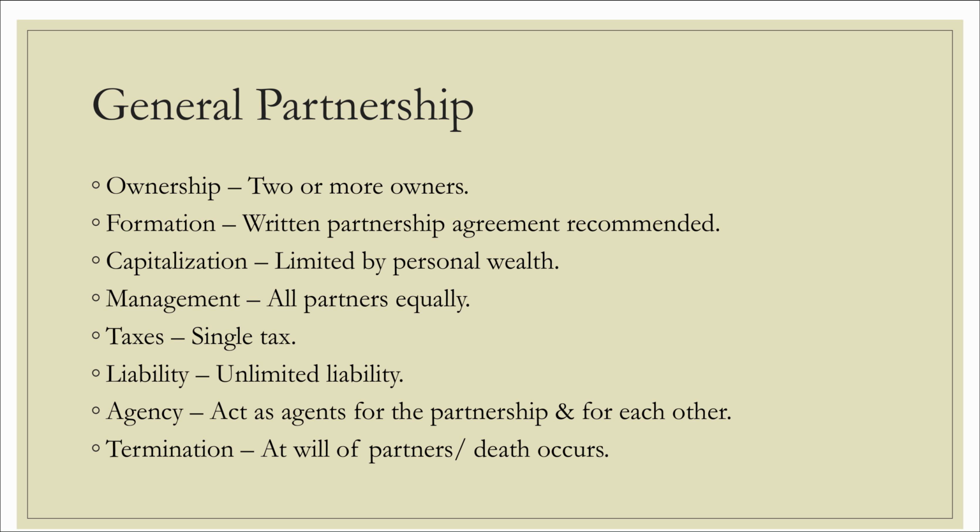They both contribute $100,000, and they both are able to borrow $10,000. They both equally manage the cakery, and they're only taxed on the money that they're able to make, and they each are only able to make $3,000, which isn't very much. They didn't do a very good job.